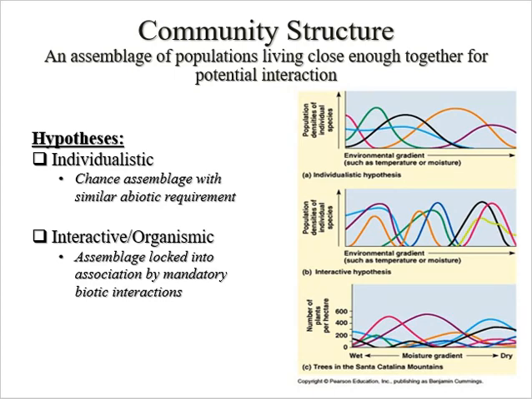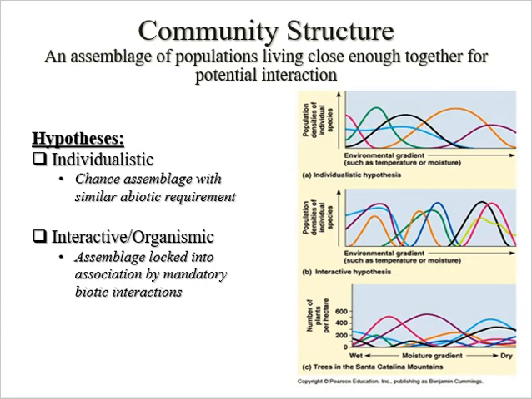The species of these communities or assemblages were locked into an association with one another by mandatory biotic interactions, and those interactions would cause the community to function as a unit.